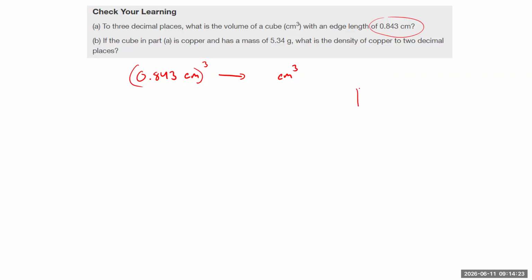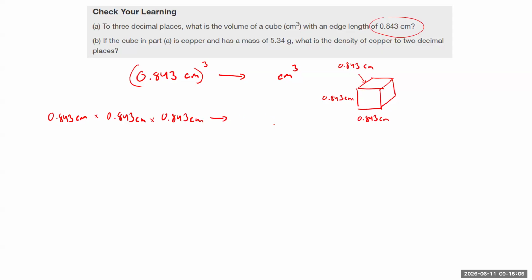Another way to look at it is a cube. If this edge is 0.843 centimeters, this one is 0.843 centimeters, and this one here is 0.843 centimeters, we do all those together: 0.843 centimeters times 0.843 centimeters times 0.843 centimeters.